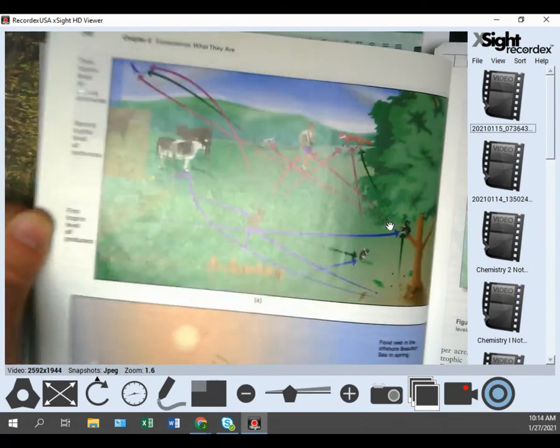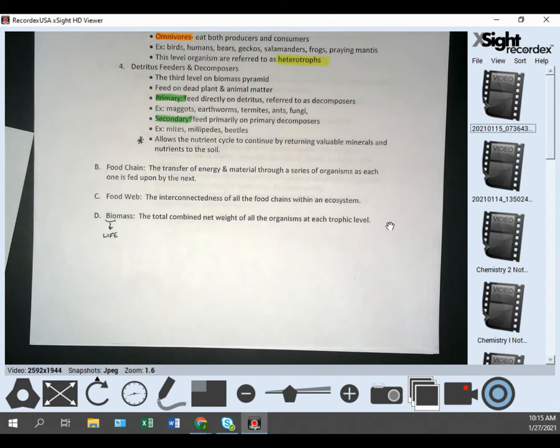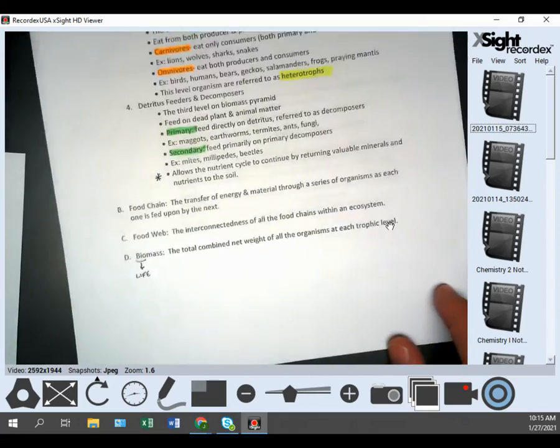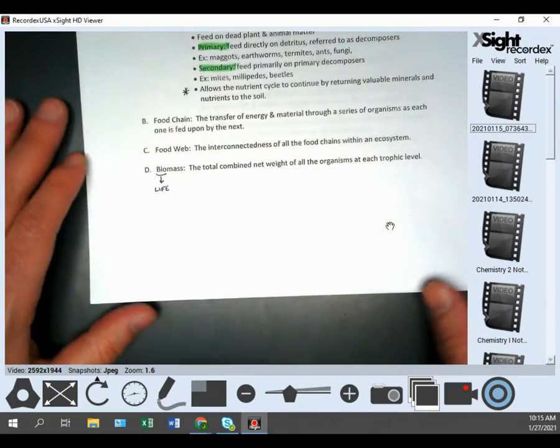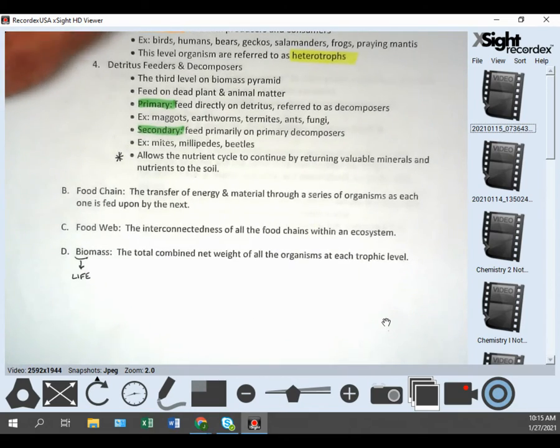Make sense? All right. And then the last definition from the first page of the notes here is biomass. I think I explained this in the previous video lecture too, but bio typically as a prefix refers to life. Mass literally means mass of something.